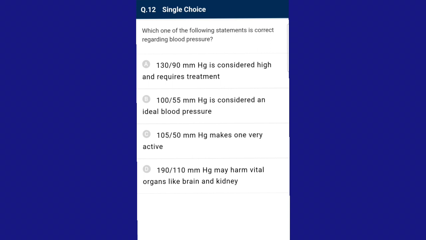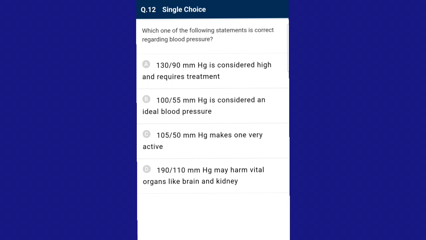Question number 12. Which one of the following statements is correct regarding blood pressure? Hypertension is the term for blood pressure that is higher than normal, 120/80.